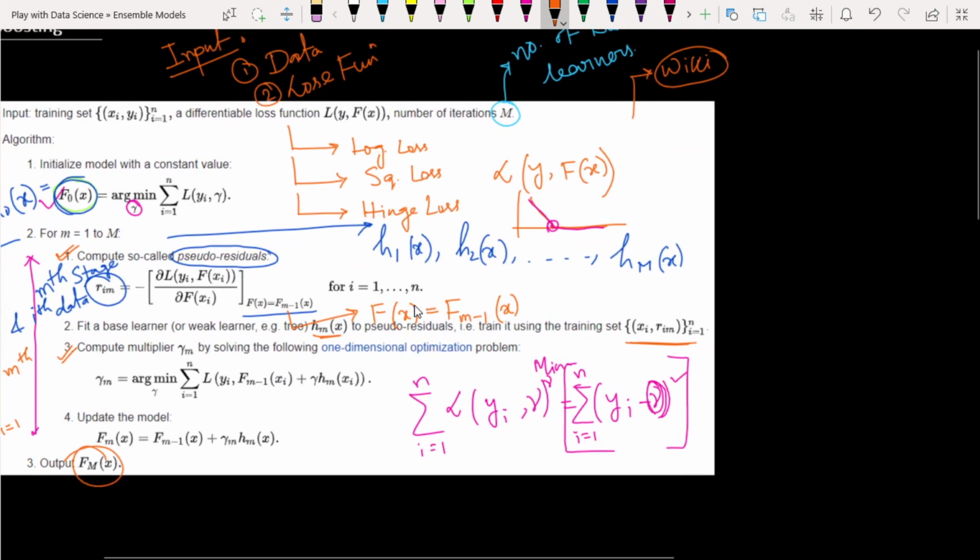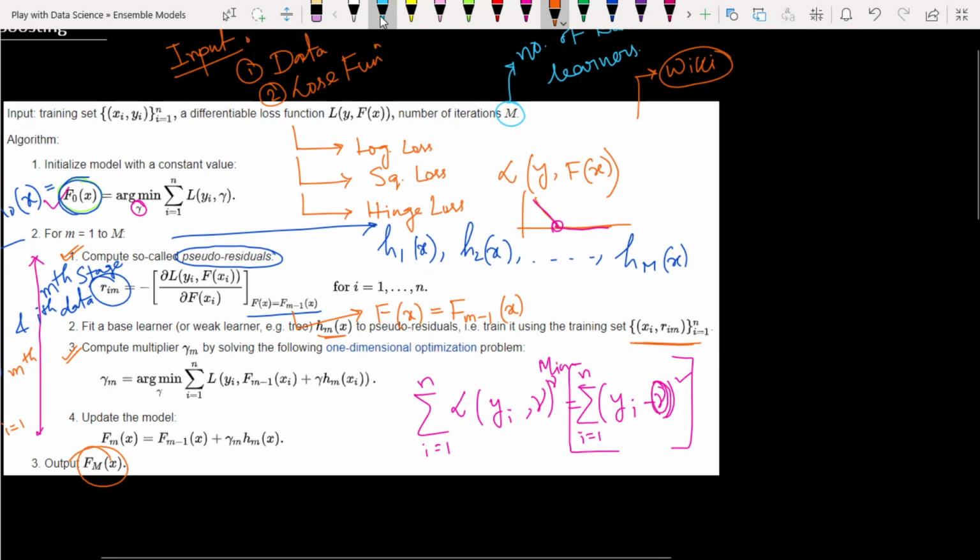I am writing from the left side. First we have to take the input, and here what is the input? Our first input is our data set.